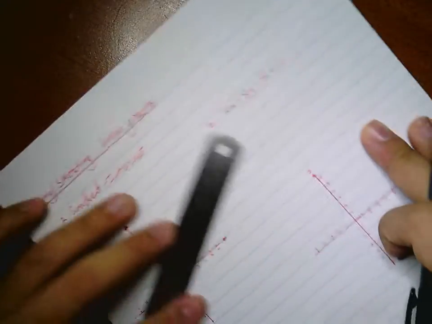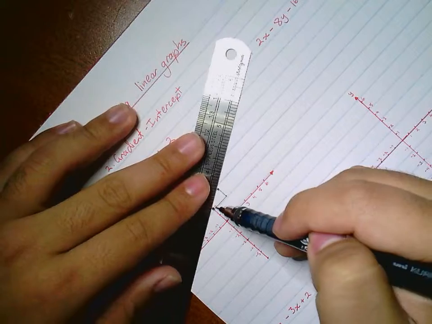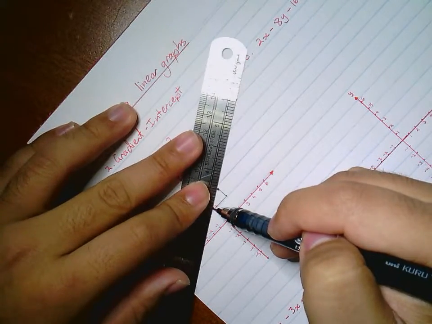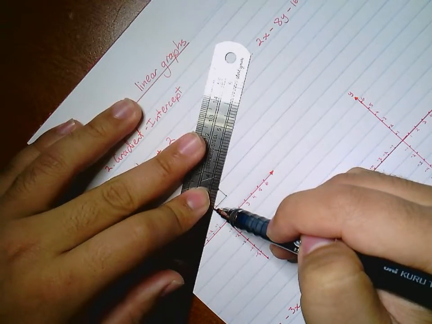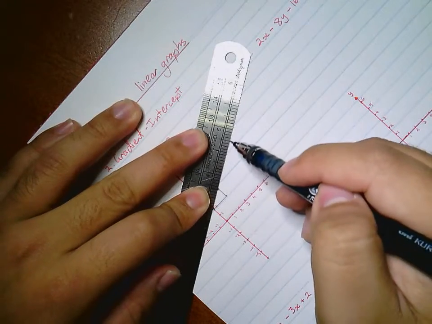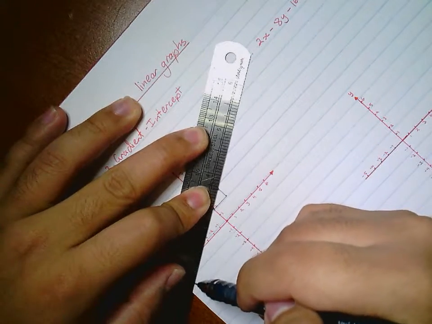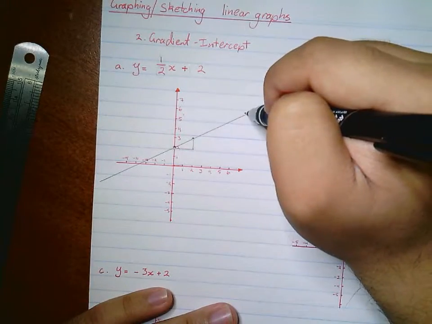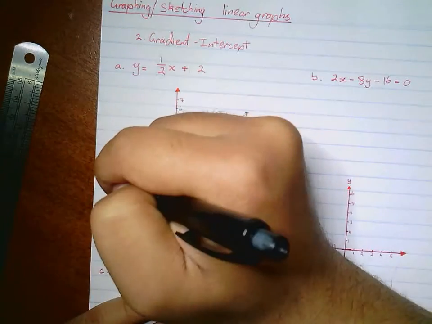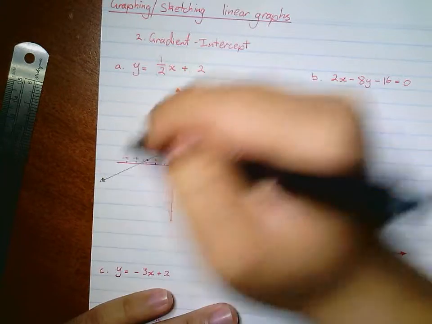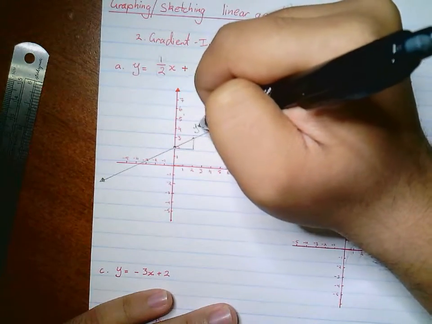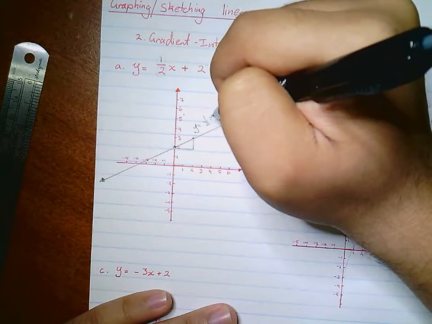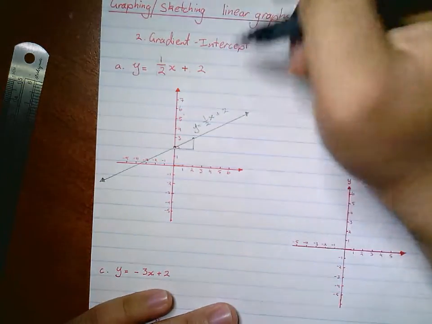And using just these 2 points, we can sketch our line. A straight line here from the middle. There we are. That there is our line of y equals half x plus 2.